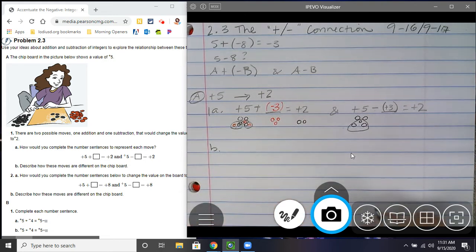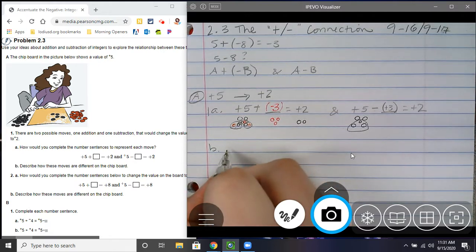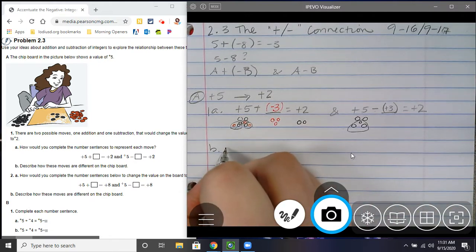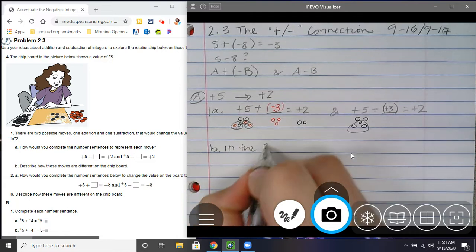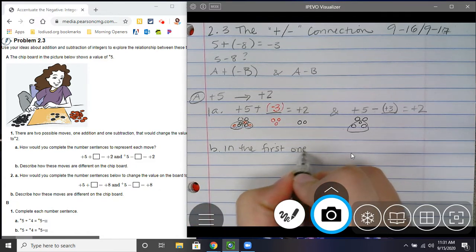Part B says, describe how these moves are different on the chipboard. So in the first one, yes, you need to copy this down.